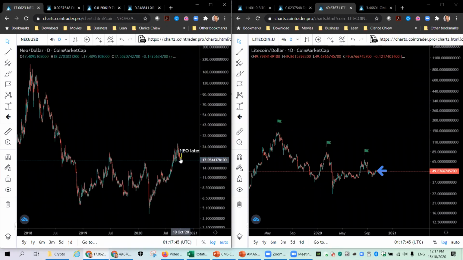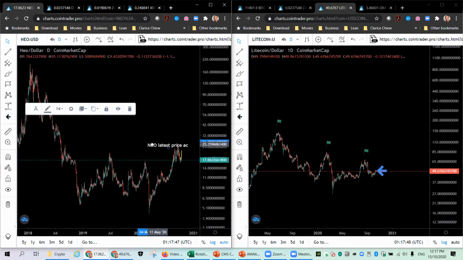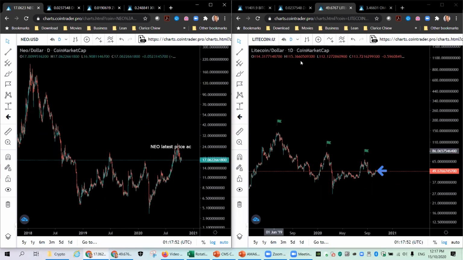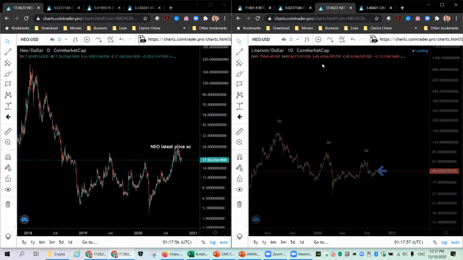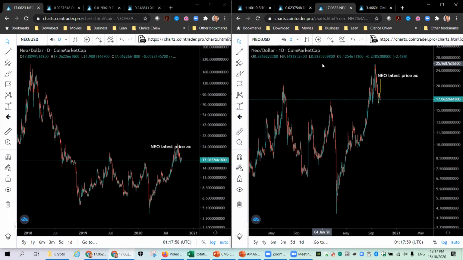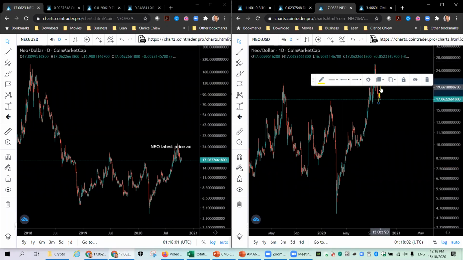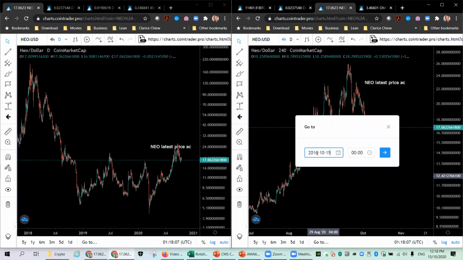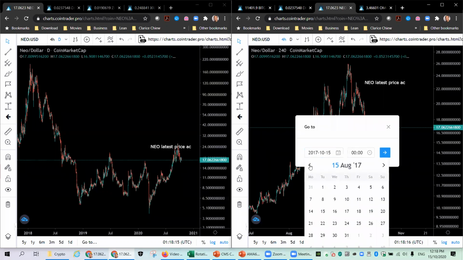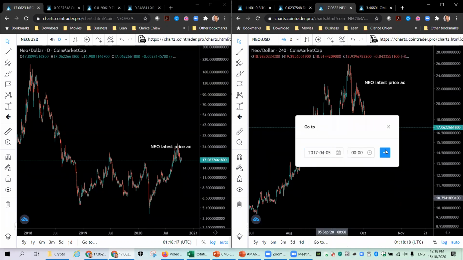So here is the latest Neo fractal price. That's right there. And you can compare against Neo in the past, going back to say 2016, 2017, somewhere around early April, that will do.